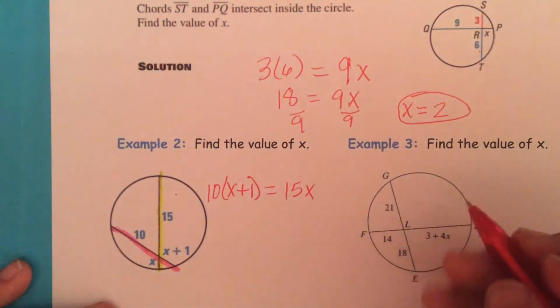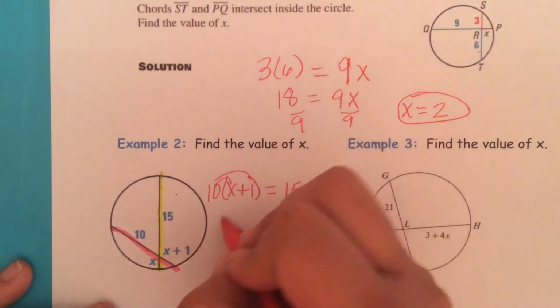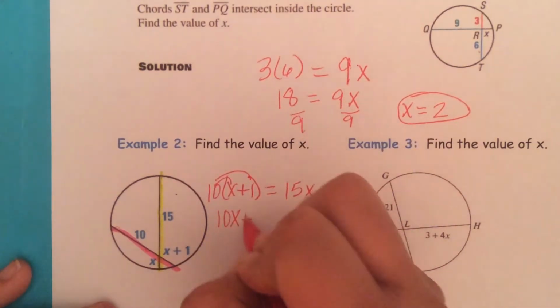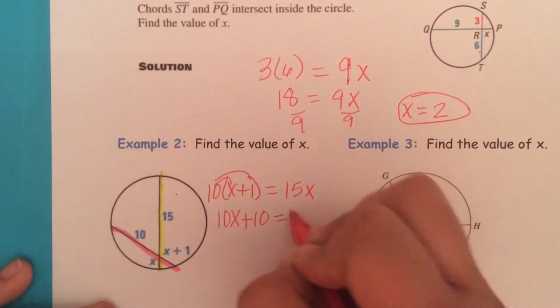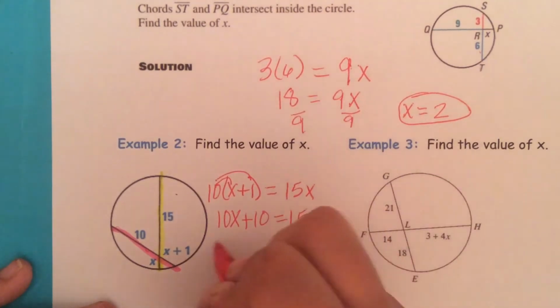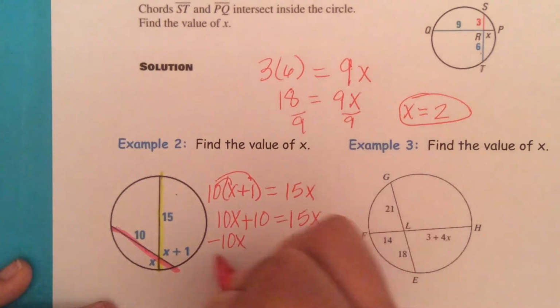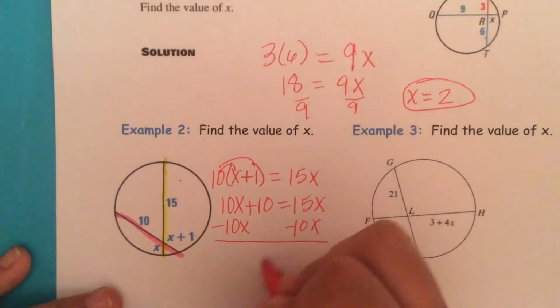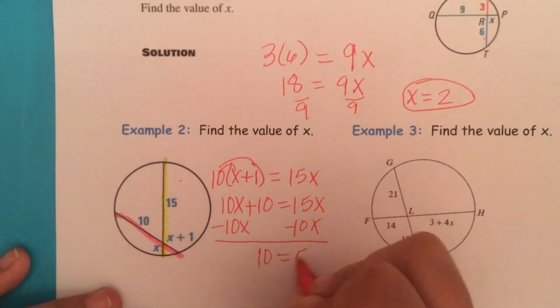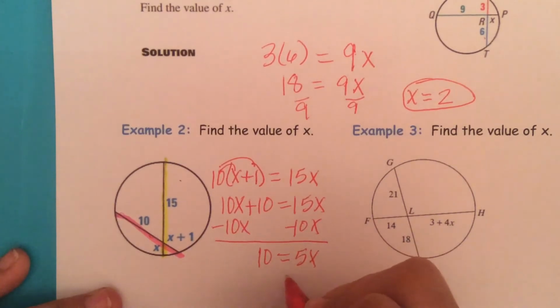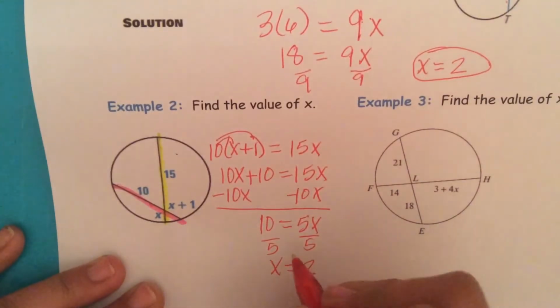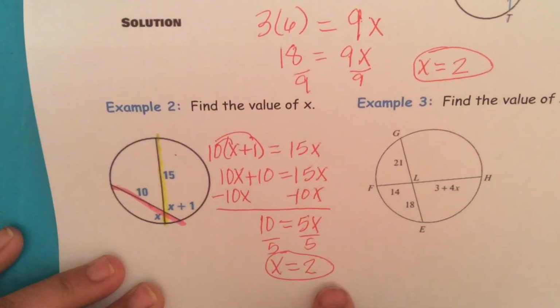And then you just solve this equation by distributing the 10, so that's 10x plus 10 equals 15x. Subtract the 10x on both sides of the equation. So now we're going to have 10 is equal to 5x. So if we divide by 5, x is going to be 2. And so that's your answer for this problem.